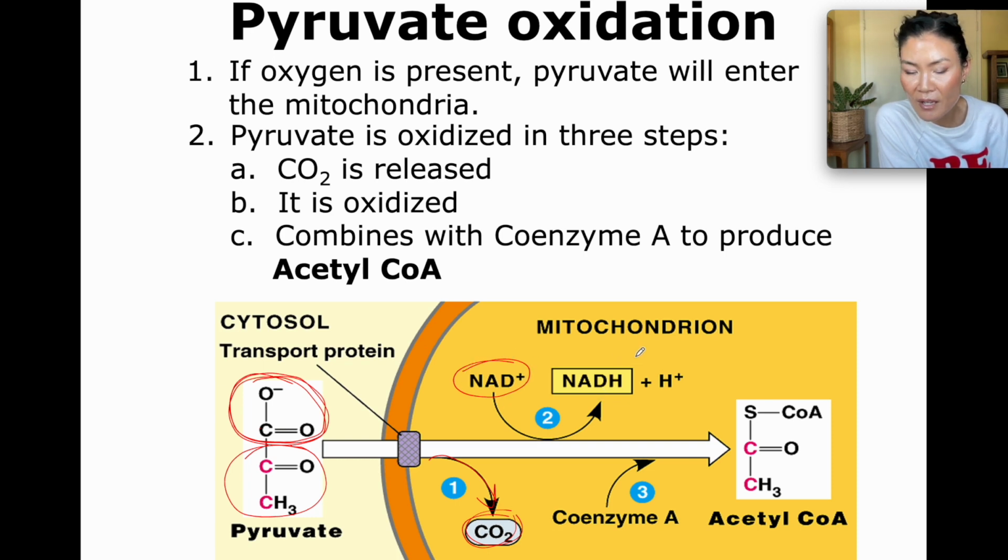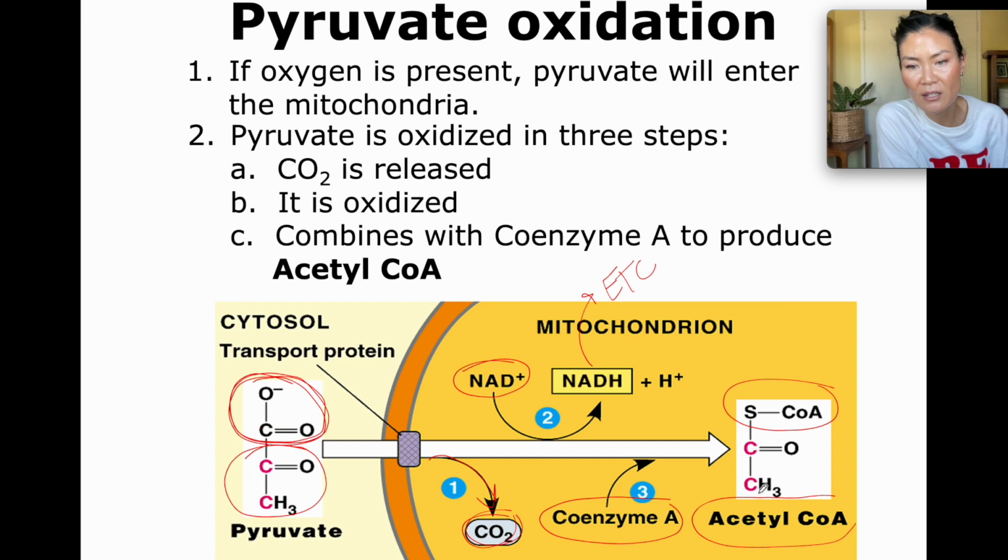And where is that NADH going to go? Straight to the electron transport chain. And then the third step, there's going to be an enzyme that brings that molecule together with coenzyme A. So coenzyme A and whatever's left over from the pyruvate is going to make acetyl-CoA.